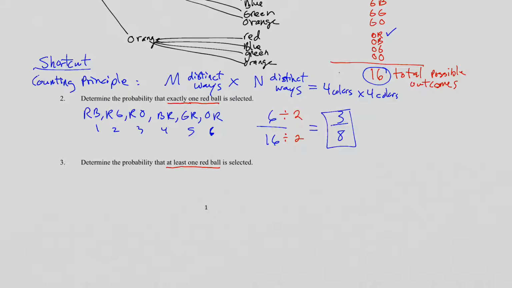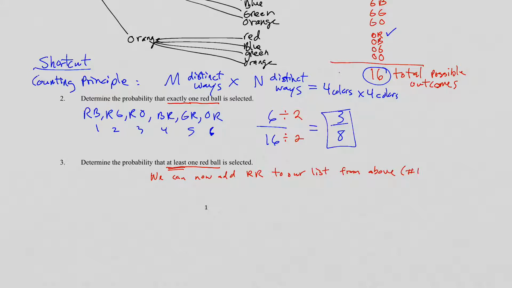But now, since it says at least, and it doesn't say exactly, we can now add the red outcome to our list from above.